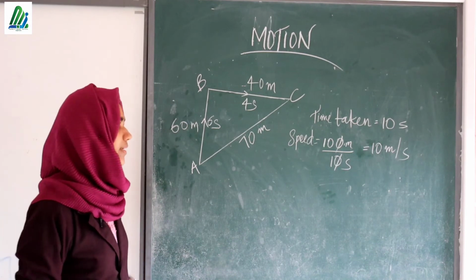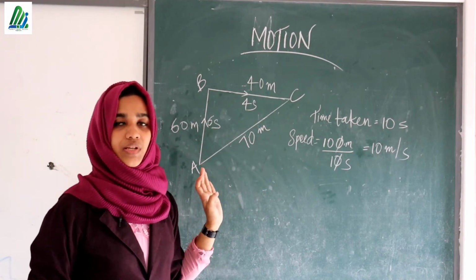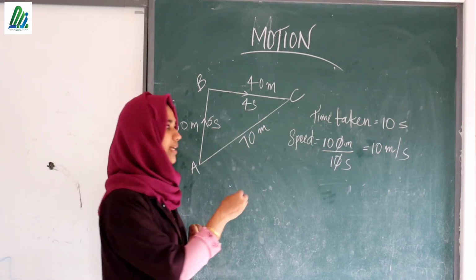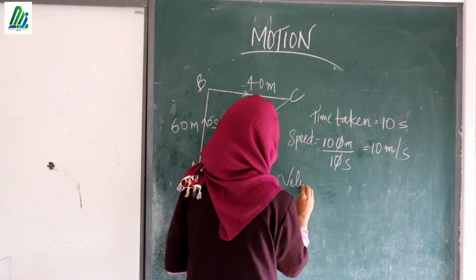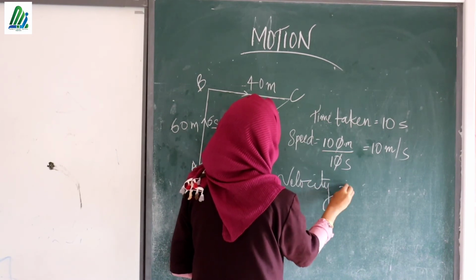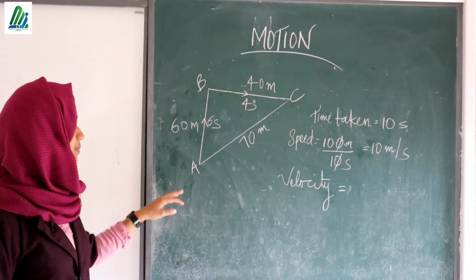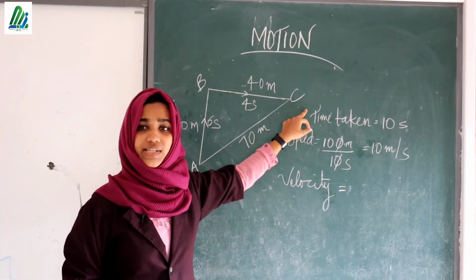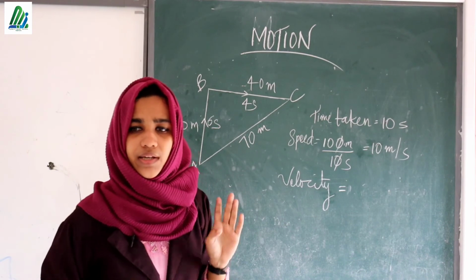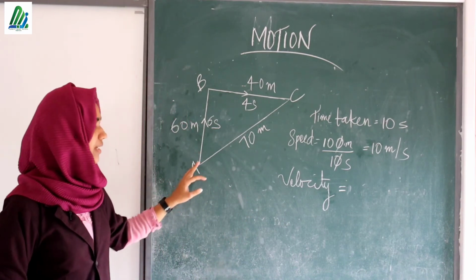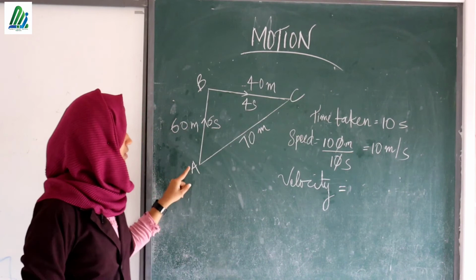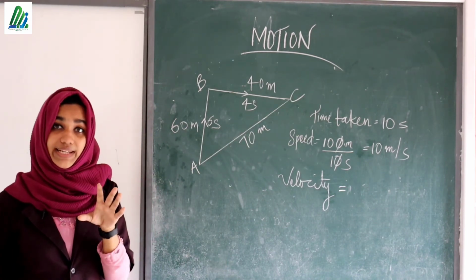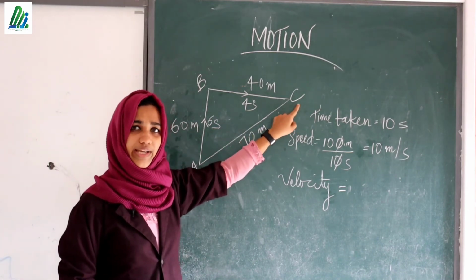Is it clear? Then we want to find the velocity also. So we have an equation for finding the velocity. Velocity is equal to displacement by time. Here the displacement is AC. Displacement is the straight line distance from the initial position to the final position.